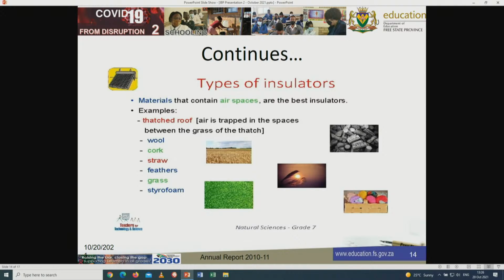Grass. Good insulators. Styrofoam. Very good insulators. These are the types of insulators that help us to do what? To prevent heat loss to the environment.